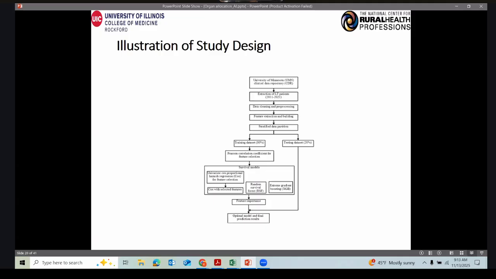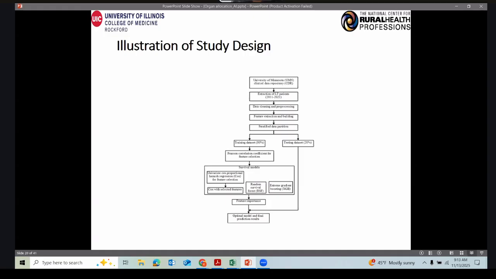After cleaning, we moved to feature extraction and building, meaning that we created the variables that would serve as input for our model. These features include lab-based variables like bilirubin, creatinine, and albumin, as well as demographic and comorbidity information such as diabetes, kidney disease, and age at transplantation.